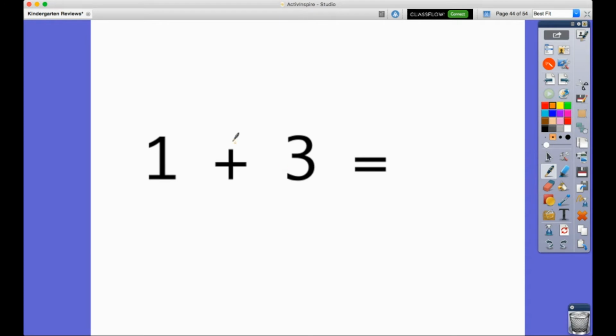Let's look at this one. 1 plus 3. So again, pay attention to what we're doing. And we're seeing this sign. Are we going to add or subtract? That's right. We're adding. So what is 1 plus 3? 1 plus 3 equals 4.